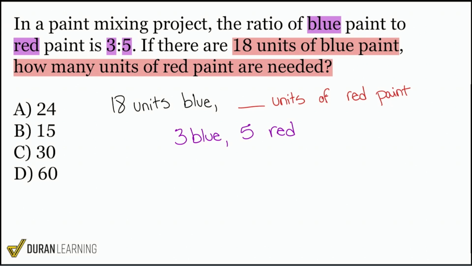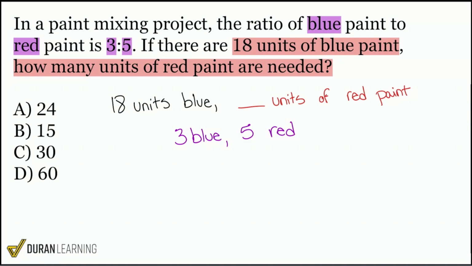Now let's take a look at the second number. This number that we don't know yet is represented by what color? Red, correct. If we take a look at the second number down here, the 5, that's represented by what color? Also red. So everybody, do we notice that we have blue to red, blue to red?